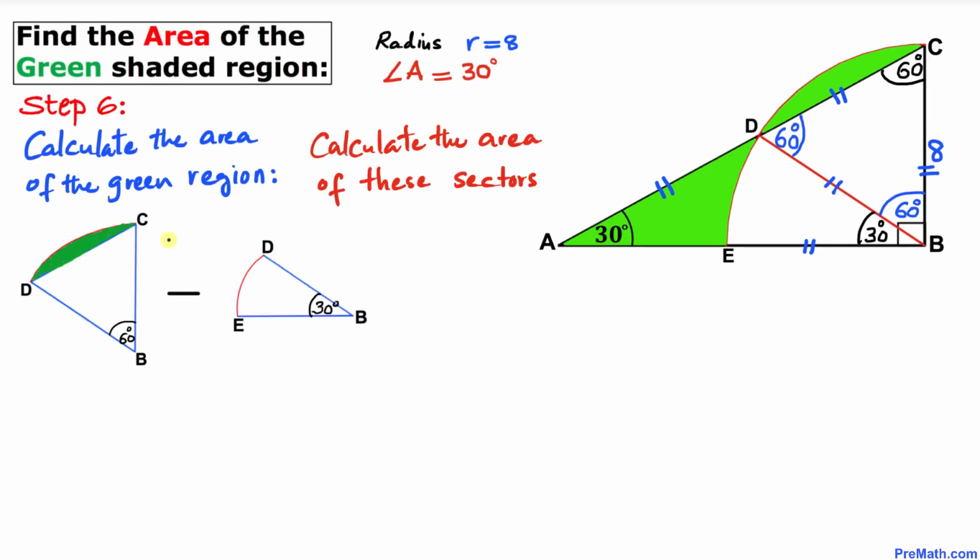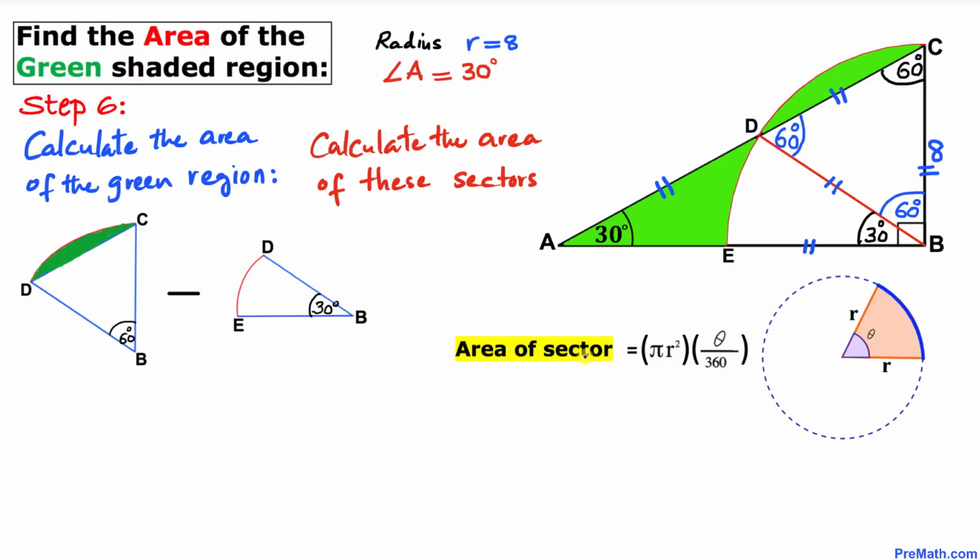And now we are going to calculate the area of these two sectors, and then subtract. Let's recall the area of a sector formula. Area of a sector equals pi r squared times theta divided by 360. In our case, our radius is 8.